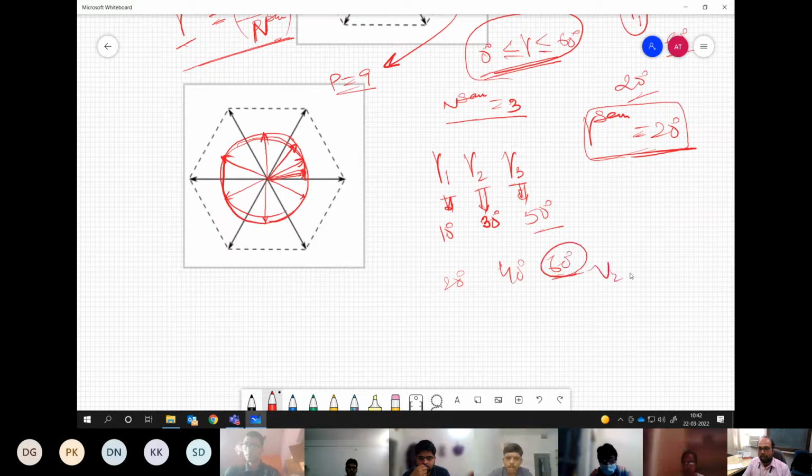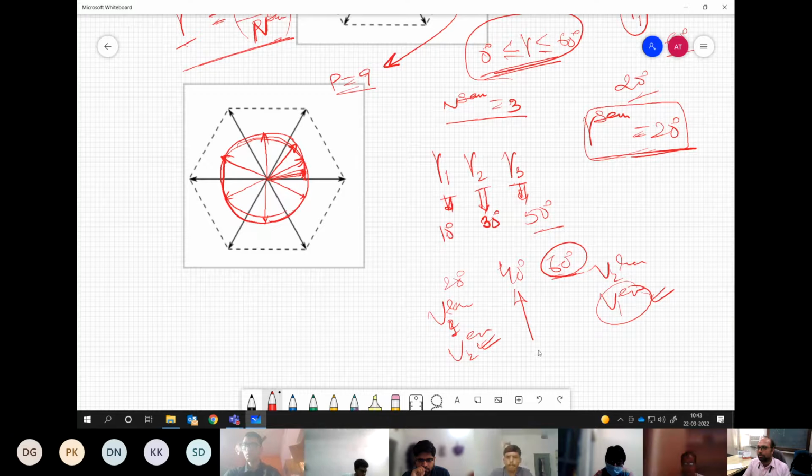Here your voltage error 2 will be least, but voltage error 1 will be very large. Here your voltage error 1 will be some low value, but voltage error 2 will be very large. And this one has the effect of both. If this one has a large value of voltage error 2, this will have a large value of voltage error 1. But this is balancing both. You understand my point? Yes, sir.